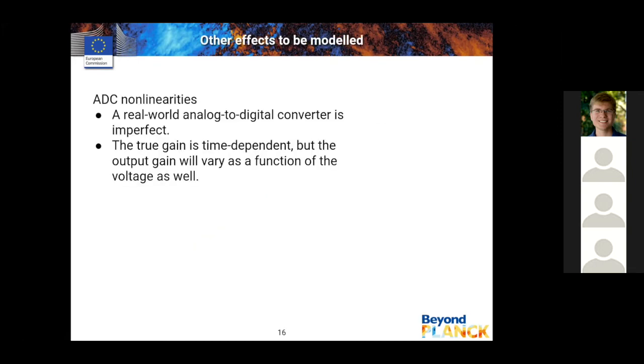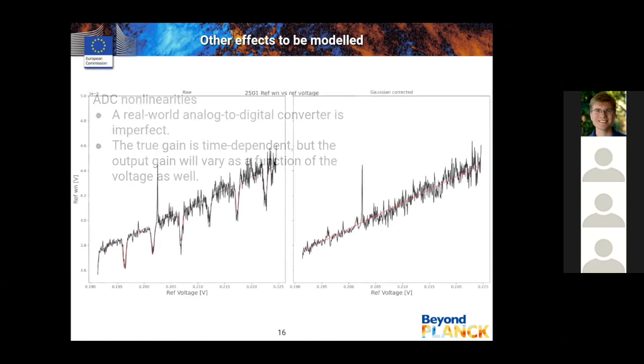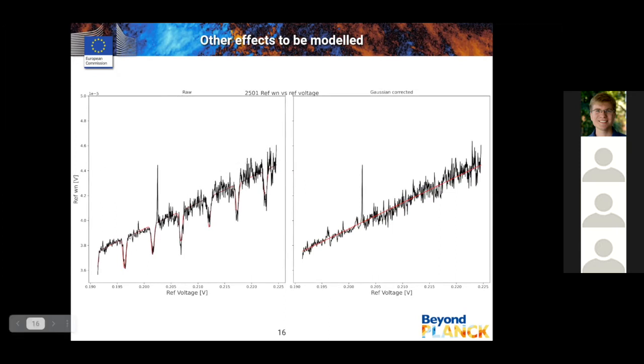But once we are down in the low-level land, we can do other things. As Matthew mentioned, we can also do things with the ADC nonlinearities. Basically, the device that converts between voltages and digital numbers should have a straight linear relation, so that a given voltage gives a number, and that relation is linear. But unfortunately, that's not true. The way that this exhibits itself is that when you plot the voltage versus the white noise of the instrument, you get these dips.